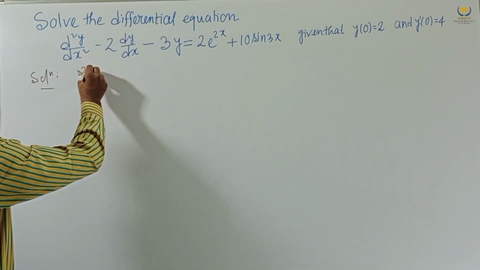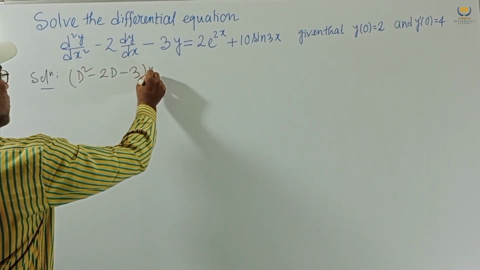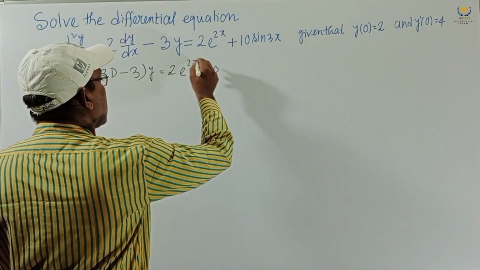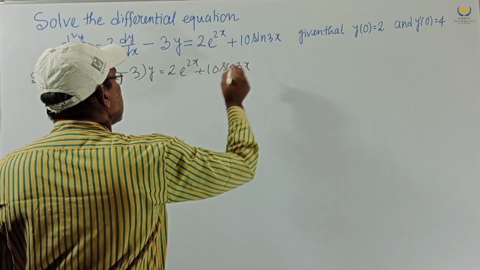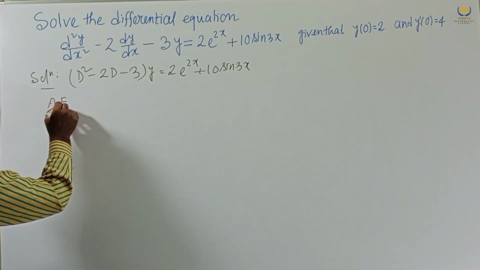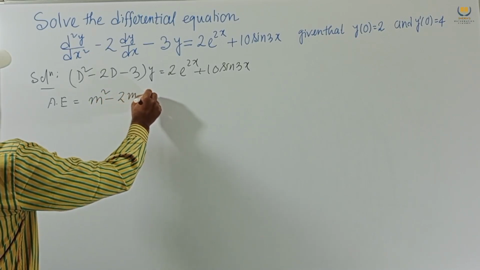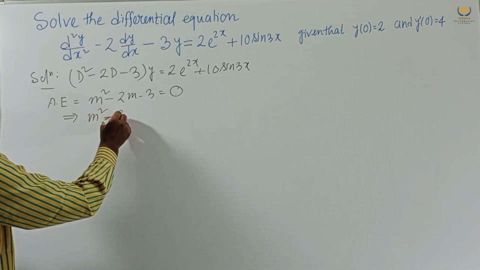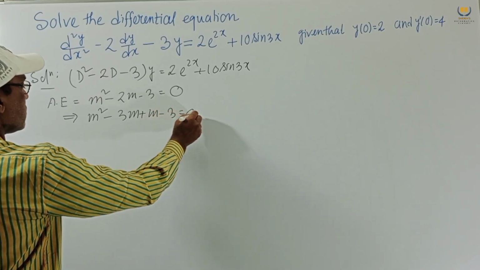This is (D squared minus 2D minus 3) into y, and the right hand side remains the same, 2 e to the power 2x plus 10 sin 3x. We get this. So the auxiliary equation is m squared minus 2m minus 3 equal to 0, and this is m squared minus 3m plus m minus 3 equal to 0.